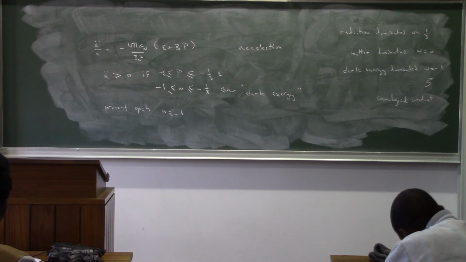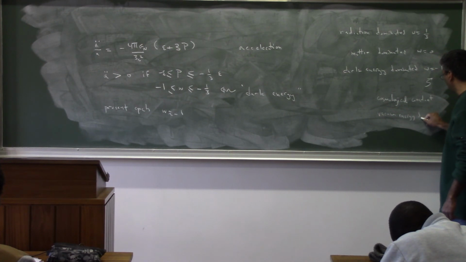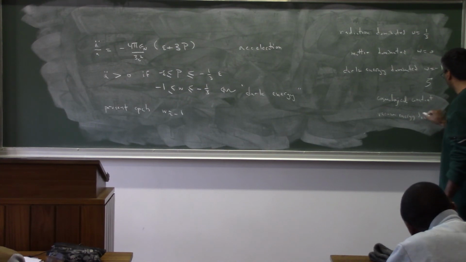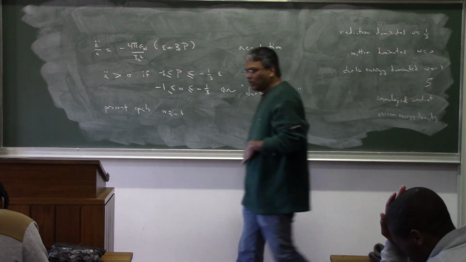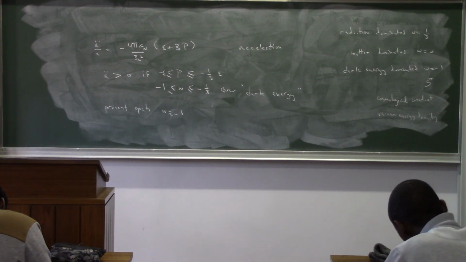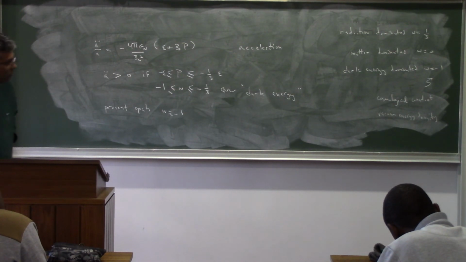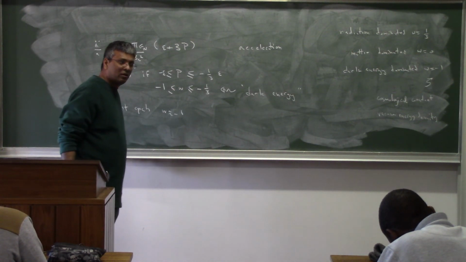The cosmological constant is the vacuum energy density of the universe. So that's the next topic we're going to discuss. Okay.